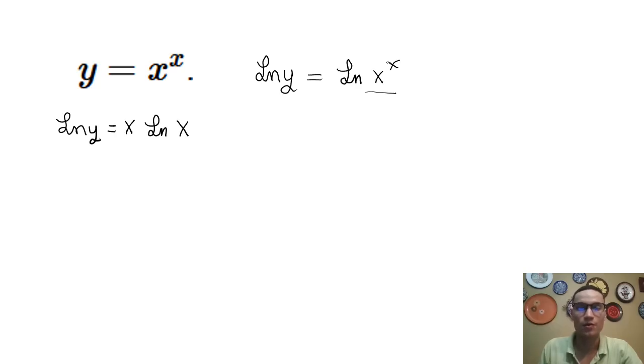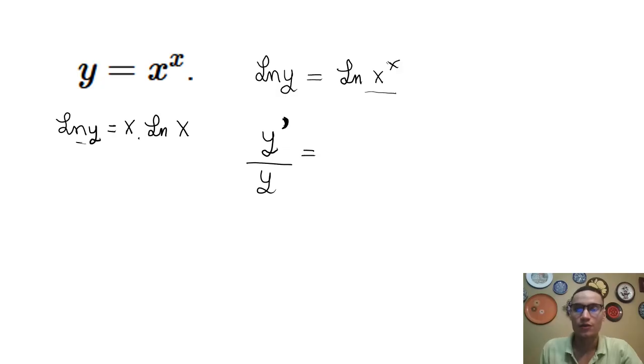So here we can use the product rule. So we have that the derivative of this natural logarithm of y is y prime divided by y. I think this is the best conventional notation, the Leibniz notation.